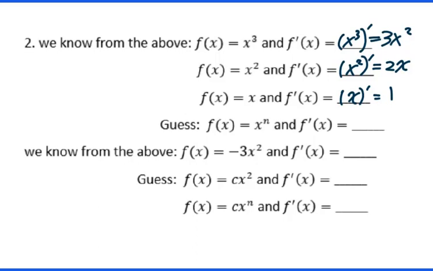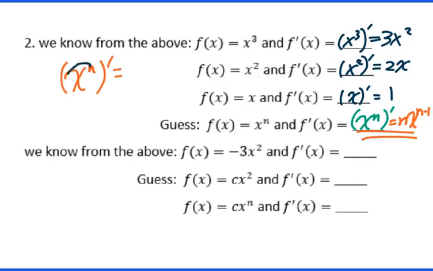So we can draw a conclusion that the derivative of x to the nth power equals n times x to the n minus 1th power. Remember, this is a very important rule we call the power rule of a derivative. Drop down this n to the front, then your exponent minus 1.